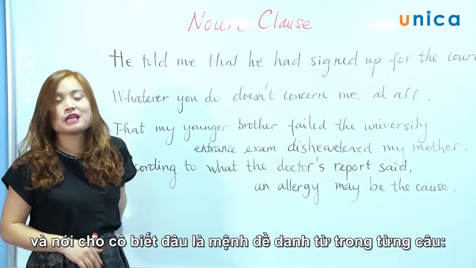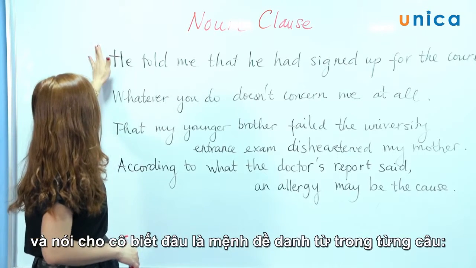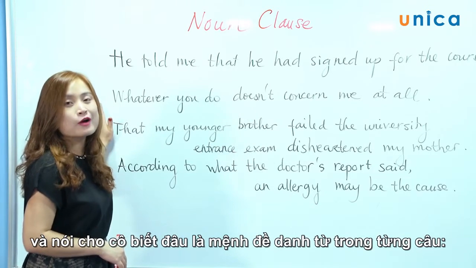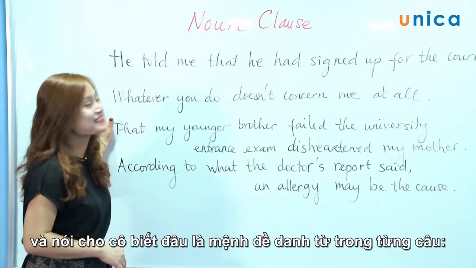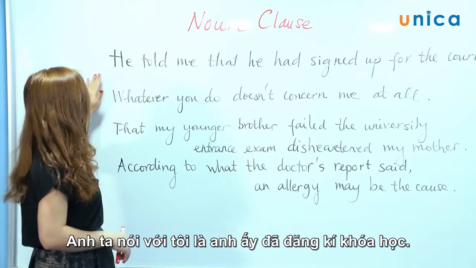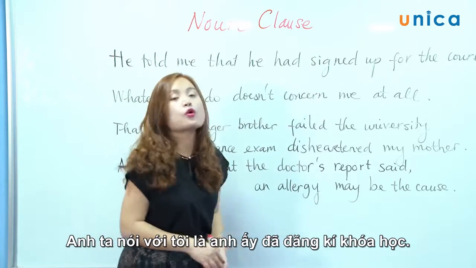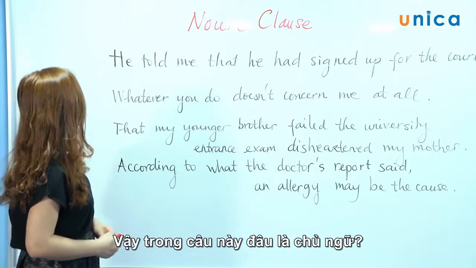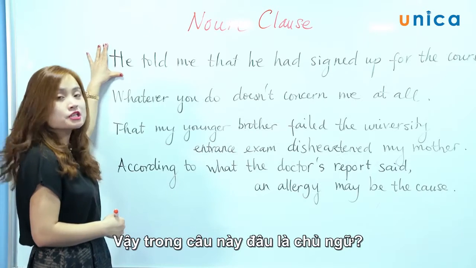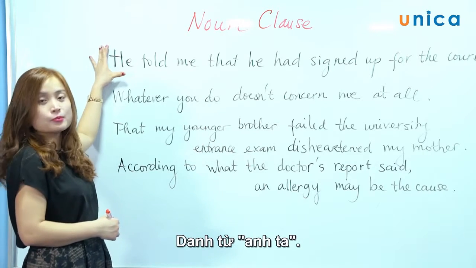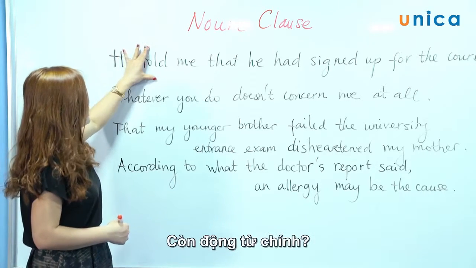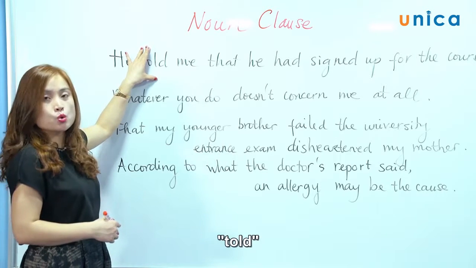Tell me where the noun clause is in each sentence. So, he told me that he had signed up for the course. Alright, so here, what is the subject of the sentence? He, right, the pronoun he. And then the main verb, told.